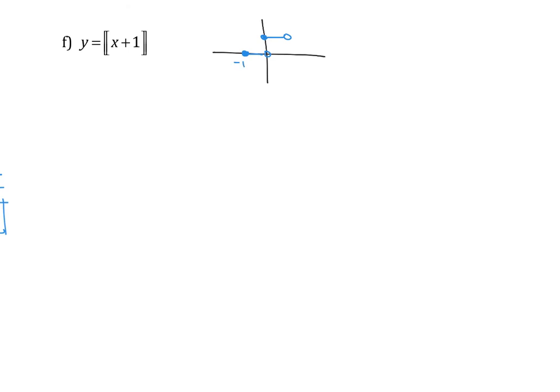So this is -1, this is 1, this is 1, and it would continue up like that, and it continues in both directions. In this case, for my zeros, we actually get an inequality. So we'll have x is greater than or equal to -1 and less than 0.